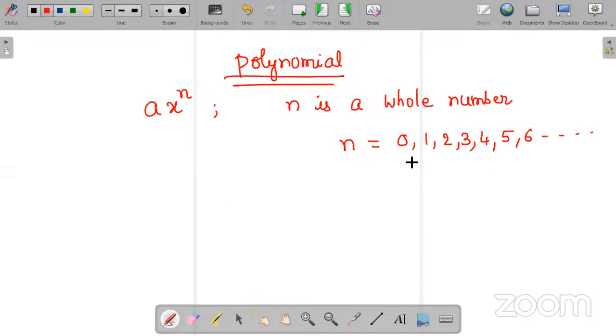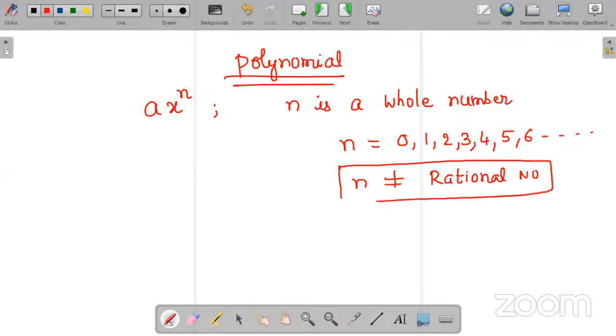But n should not be a rational number. If n is a rational number, it is not a polynomial.